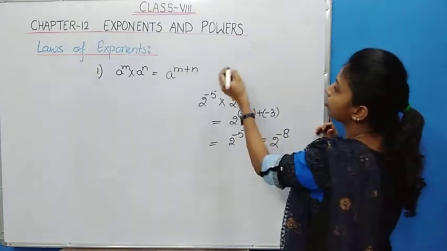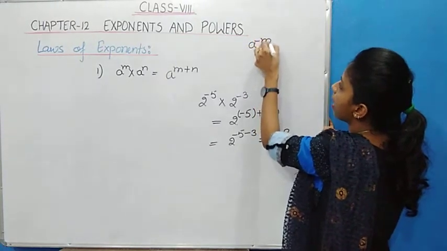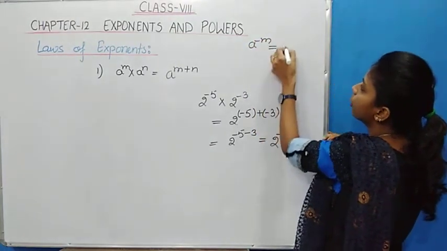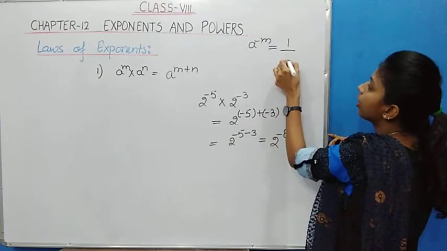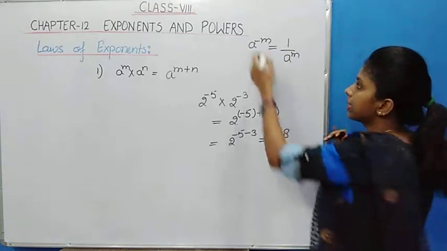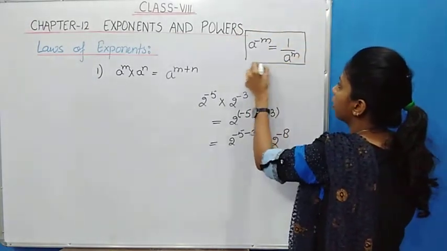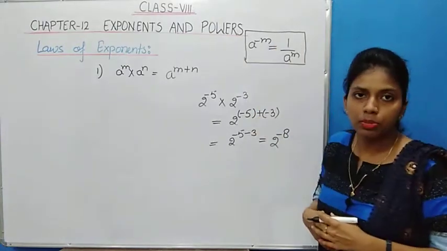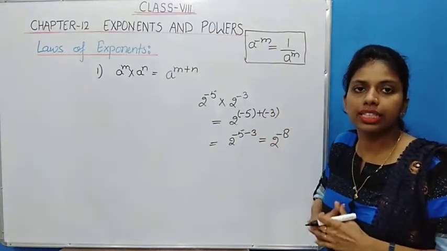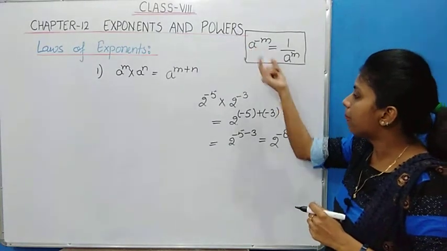We know that a to the power minus m is equal to 1 divided by a to the power m. This is the way to convert a negative exponent into a positive exponent, which we already discussed in our previous class. So let's apply this one.